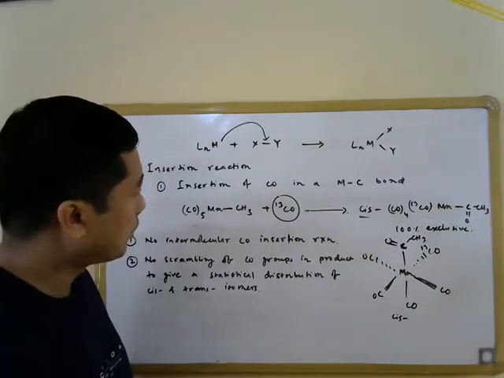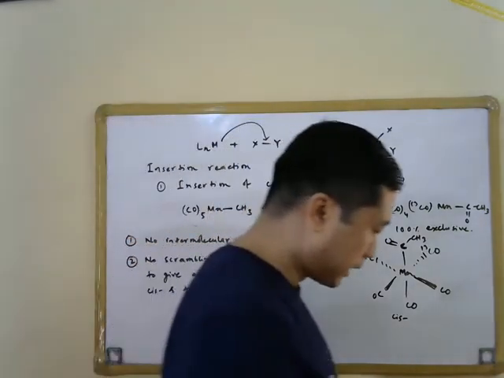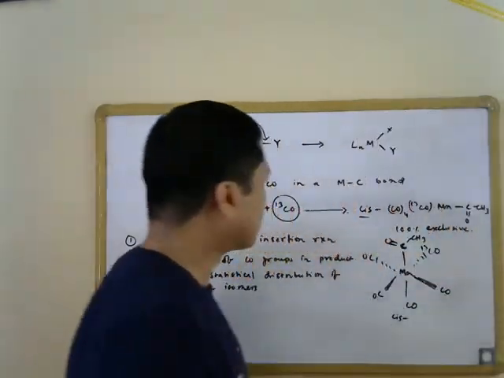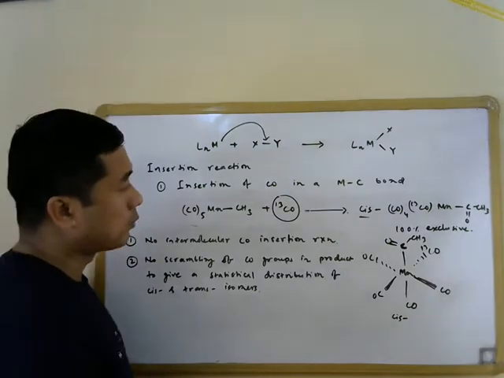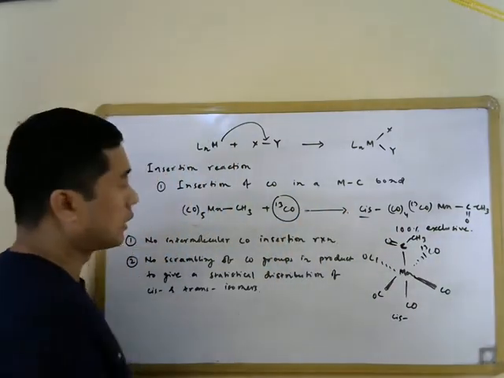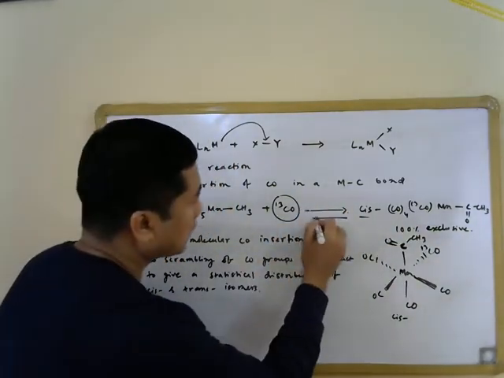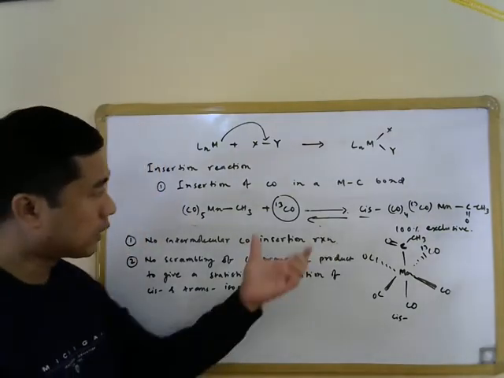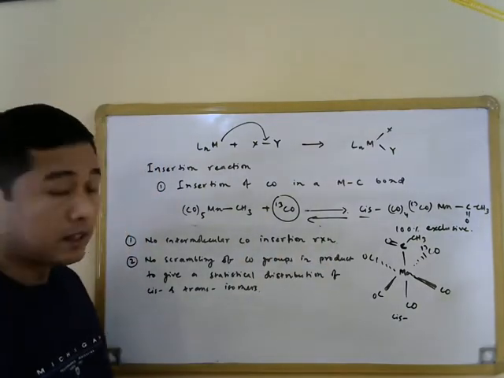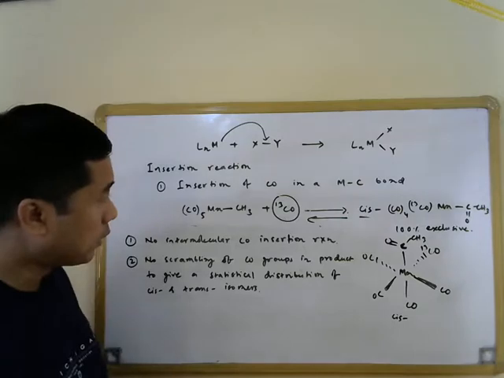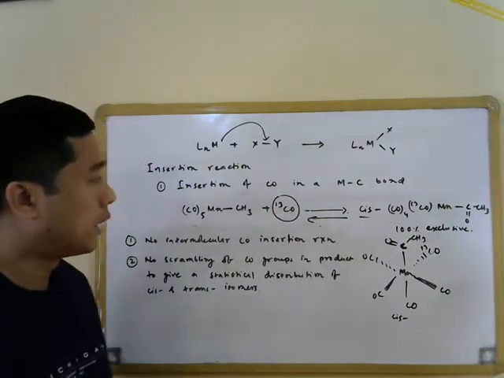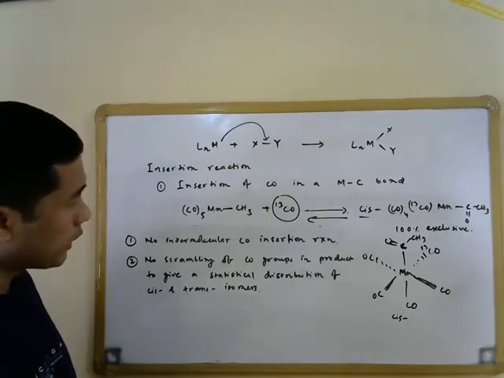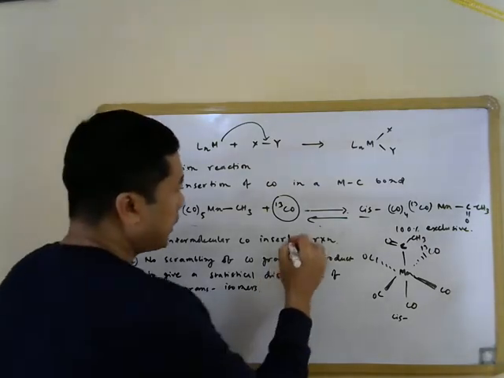Now what further mechanistic details about this reaction can be obtained by studying the reverse reaction, that is coming back from the product to this side of the reaction. It is a reverse reaction, and we can term this reaction a decarbonylation reaction, because one of the carbonyl ligands is essentially lost, and we can also term this an elimination reaction.